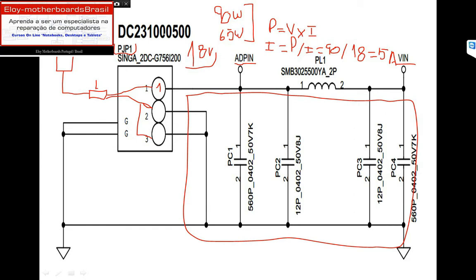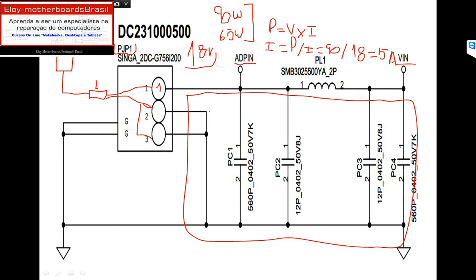This supply right here, this ADP in, is 18 or 19 volts, but the fuse on that charger is made to blow at 25 volts, so it will let that voltage pass. So this voltage input right here will be more than 18 or 19 volts.